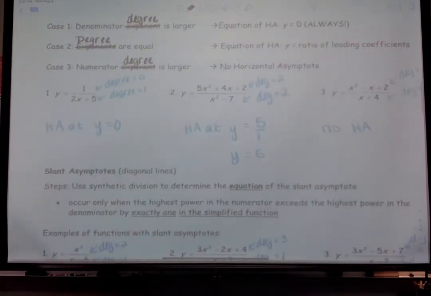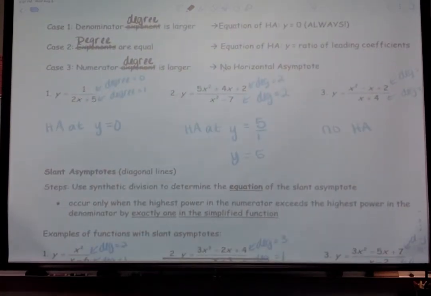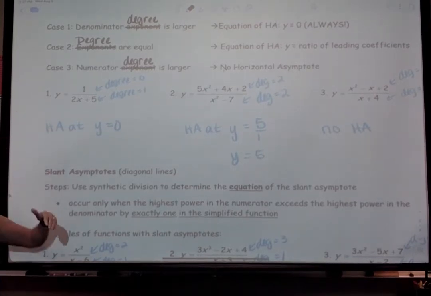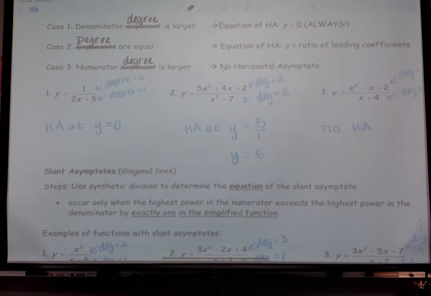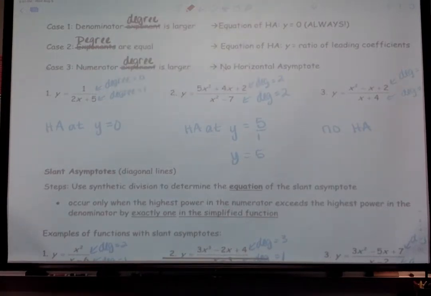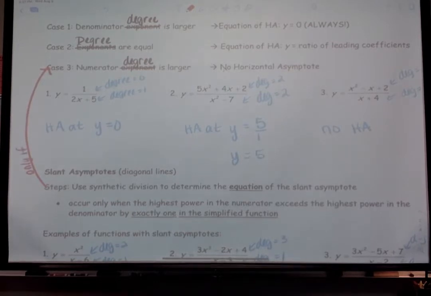Okay, now, slant asymptotes. Slant asymptotes are a special case of case number 3. So let me, case number 3, slant asymptotes. Only if 1 degree higher.